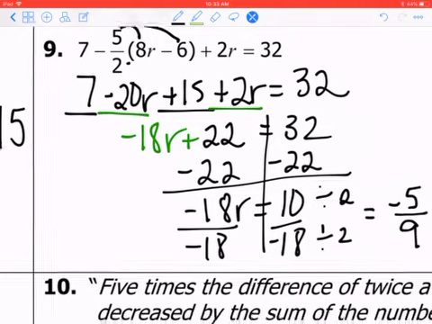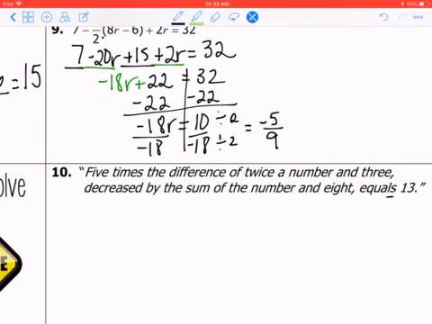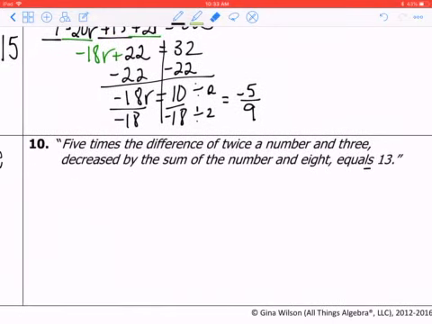Alright, so the bottom is combining what we learned last chapter and this chapter so far. So we have to write our equation and then solve. So we have 5 times the difference of twice a number and 3. So there's 5. When they say difference, that means subtraction.